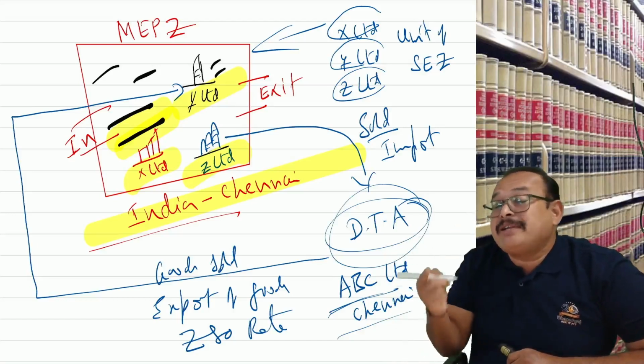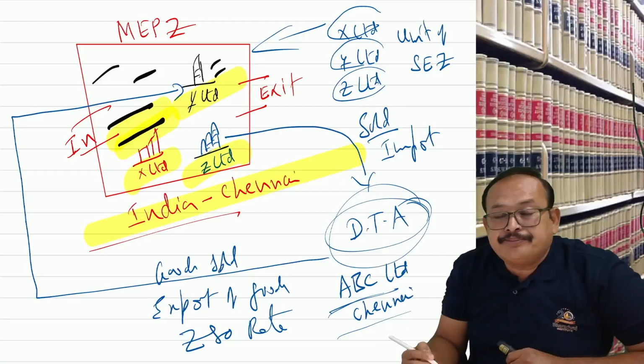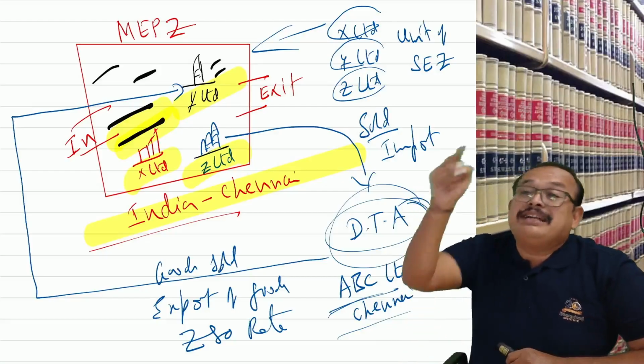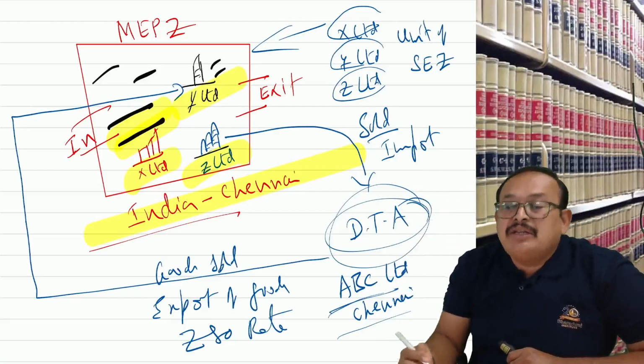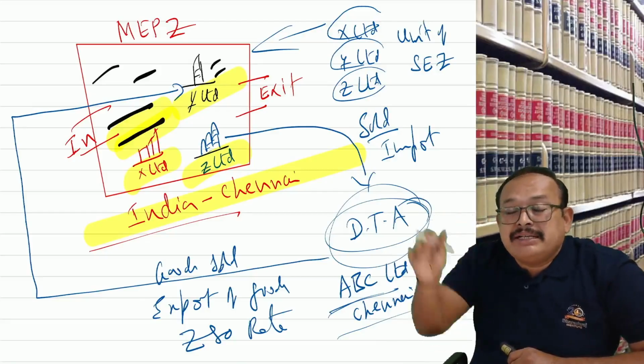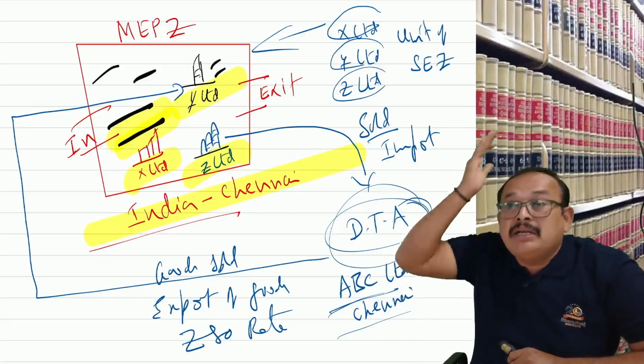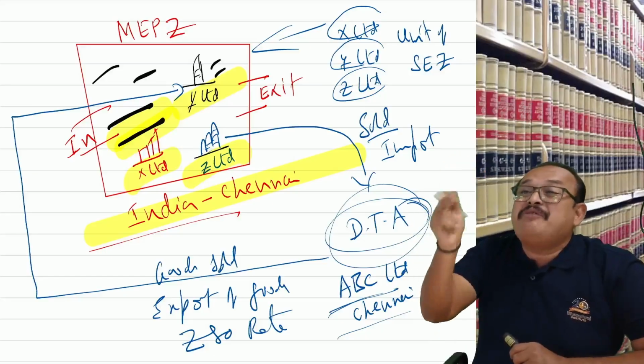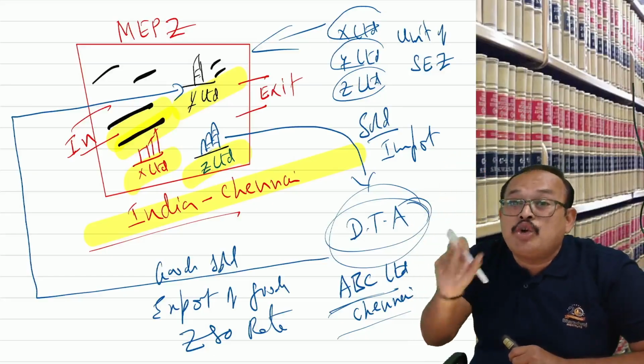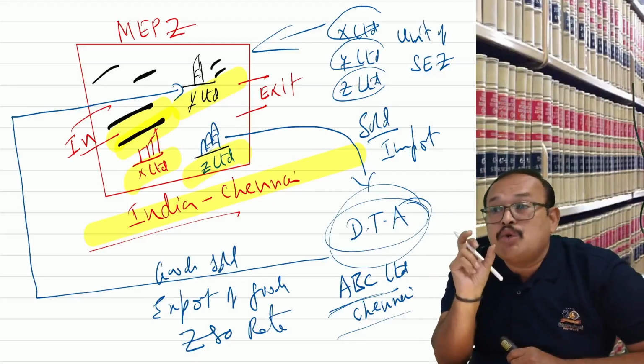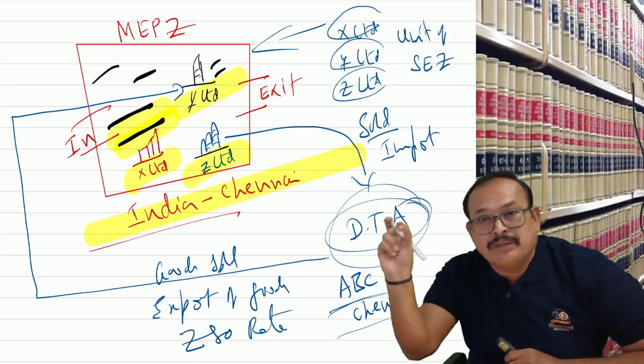For a special economic zone developer, if the turnover exceeded 5 crores in the previous year, e-invoice is mandatory in the current year. E-invoice is not mandatory only for a special economic zone unit, but not for a special economic zone developer.